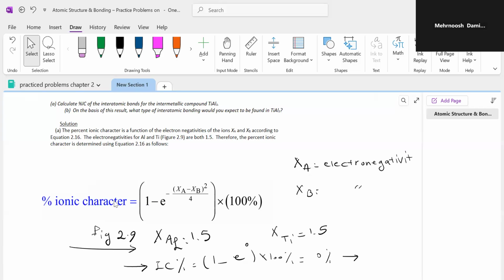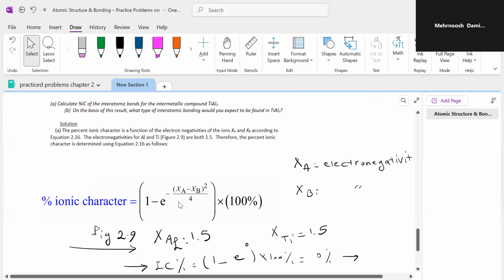Which materials or which bonds do we have? We have bonds between Al, aluminum, and Ti, titanium. Okay, look at figure 2.9 in your book, and it shows electronegativity. The electronegativity of aluminum is 1.5 and the electronegativity of Ti is exactly 1.5.